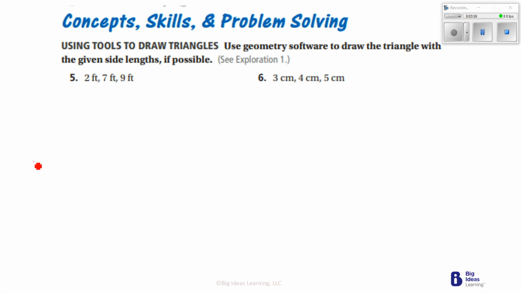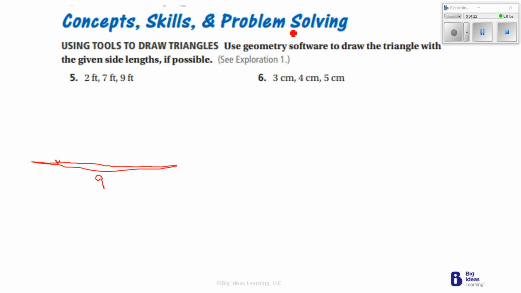If I take 9 and put it across, and I take 2 and bring it all the way over here, then I bring 7 and bring it all the way over here. Well, guess what? 2 and 7 make 9, which means I would have 2 and 7 laying flat on top of 9. It would not make a triangle.